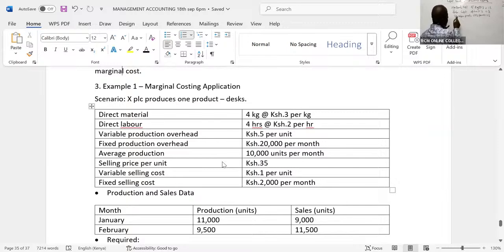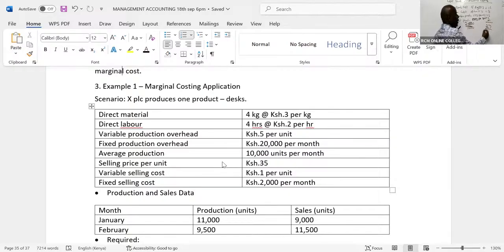Which gave us 5. Then, because this is full costing, we must also bring in fixed production overhead per unit. Remember, it is 20,000 per month, for producing 10,000 units in a month, which gave us 2.